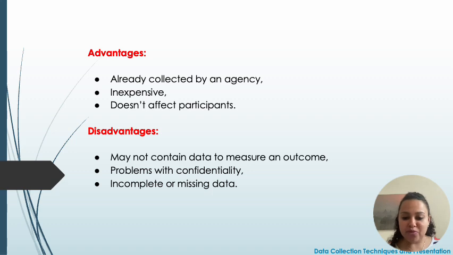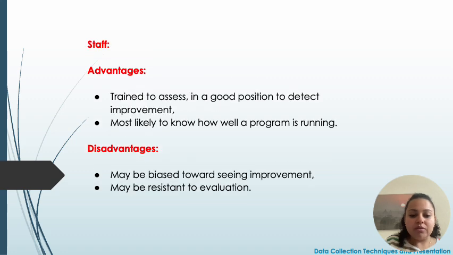This can happen because if you are writing a number and there is a mistake in the number, this can be a problem. Or you can use the staff. You just use trained people in a good position to detect any improvement that happens, so they will be observing, attending the course and seeing how the behavior of the people is changing, most likely to know how well a program is running and see the quality of the trainer.